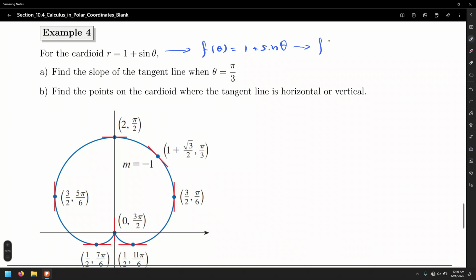And taking the derivative, it's going to be cosine theta. So using the equations, dy/dx, let me write the whole formula in this case.